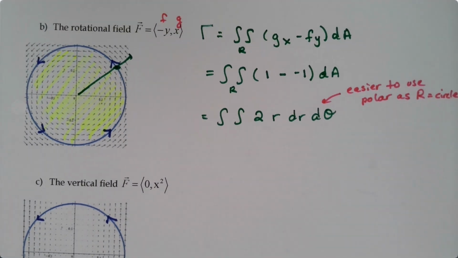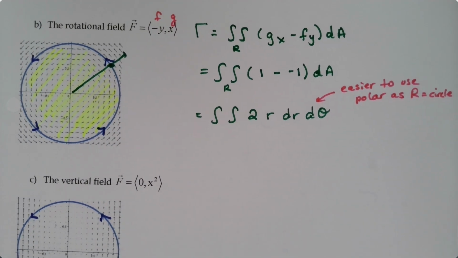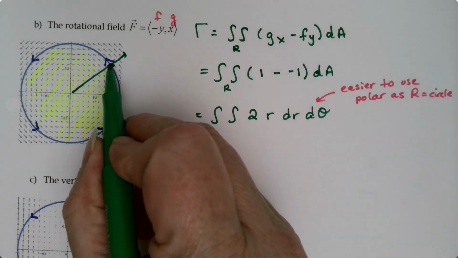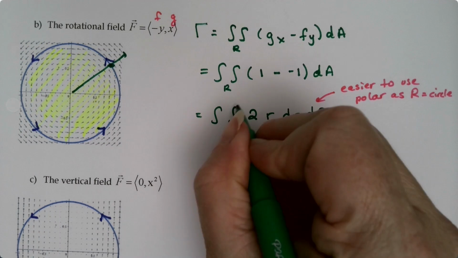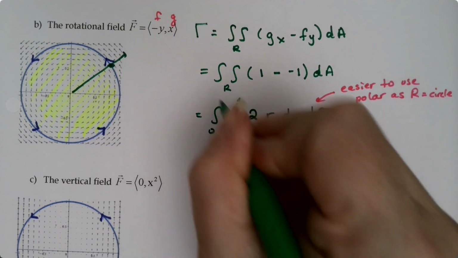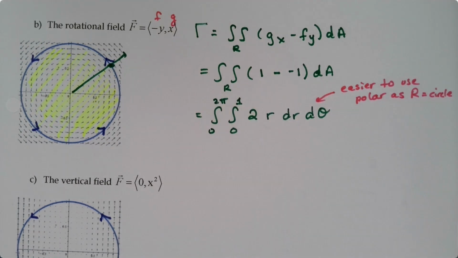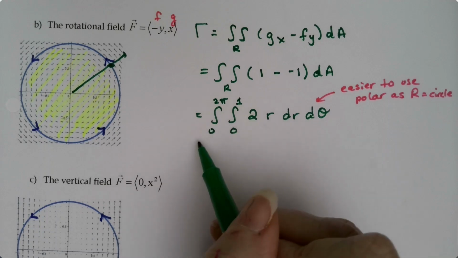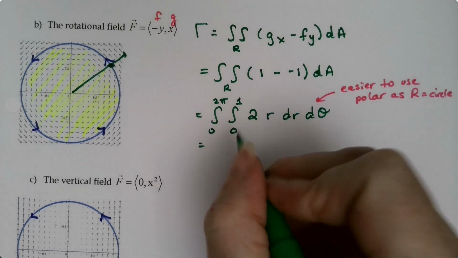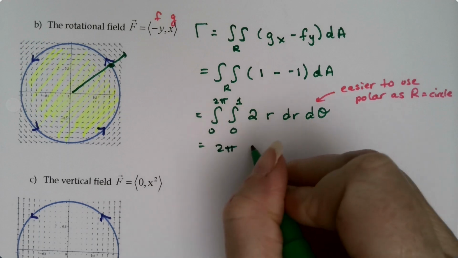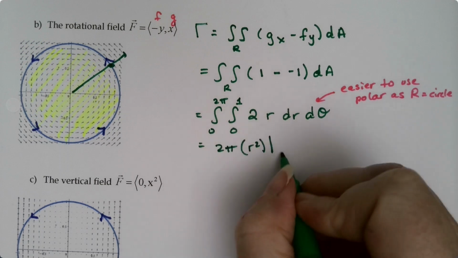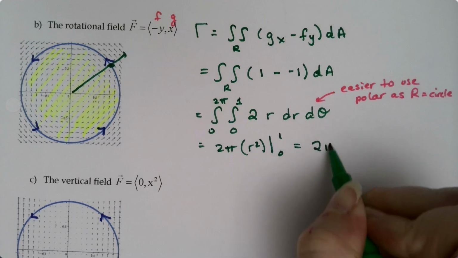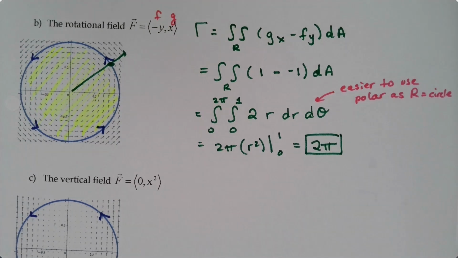Well, r is going from 0 to 1 because this is the unit circle, and theta is going from 0 to 2 pi. So we can take the 2 pi out, and then integrate this, which would be r squared. So it would be 2 pi r squared as my integral from 0 to 1, and that would be 2 pi. There we have it.